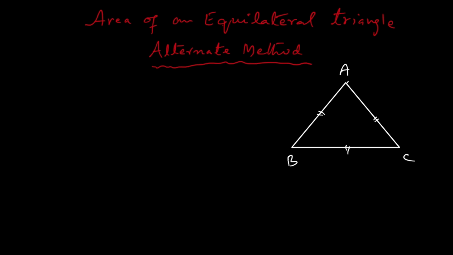Side opposite to vertex A is called small letter a. Side opposite to vertex B is called small letter b. Side opposite to vertex C is called small letter c. This is an equilateral triangle, hence we have to take all sides equal and all angles equal, and each angle is equal to 60 degrees.